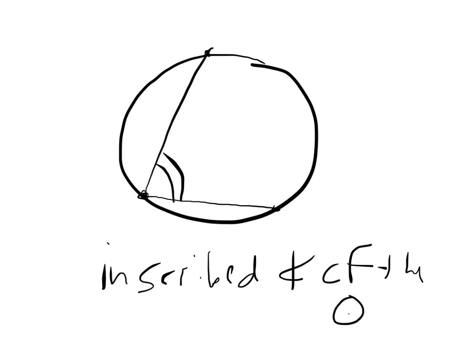And we'll learn about other types of angles associated with circles depending on where the vertex of the angle falls. But for right now, we're going to look at just inscribed angles. And again, if you have a point on a circle and you draw 2 rays to form the angle, and the rays intersect the circle in exactly 1 point, that angle is called an inscribed angle.